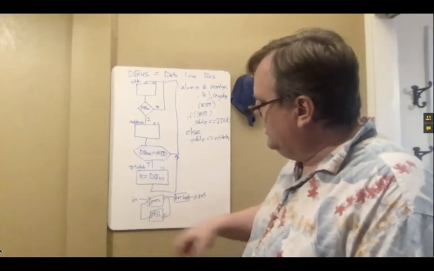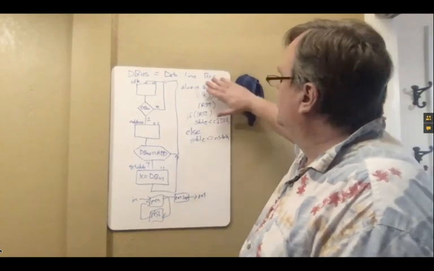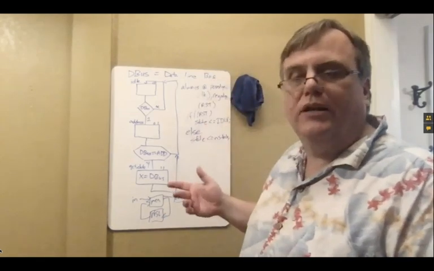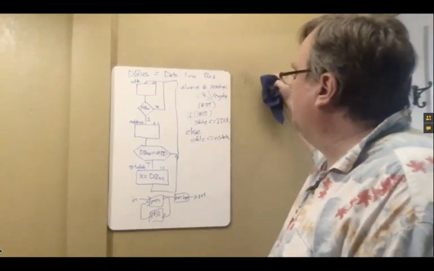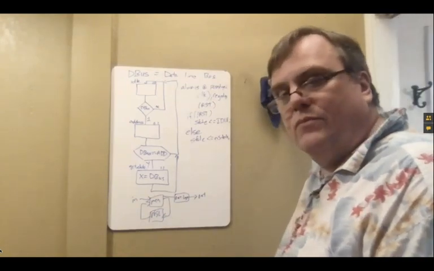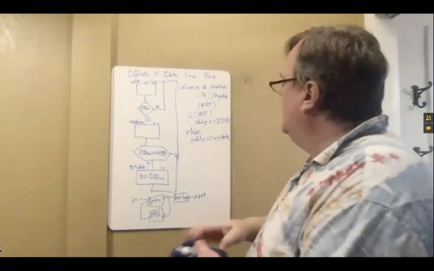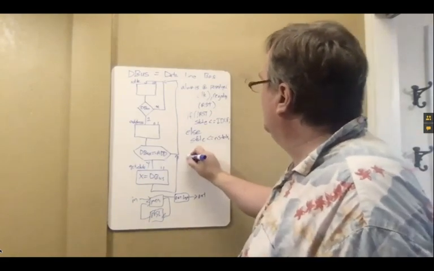So the only thing left is this next state logic. I'm going to erase this because it's going to take the whole space for my next state logic. So I'll give you a sec here to take a photo of this. I guess since you're taking a photo, maybe I should put a note.